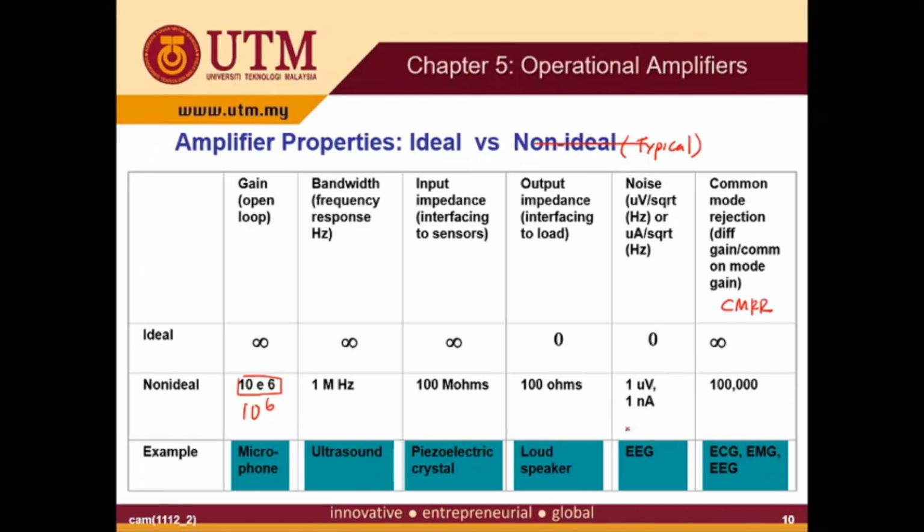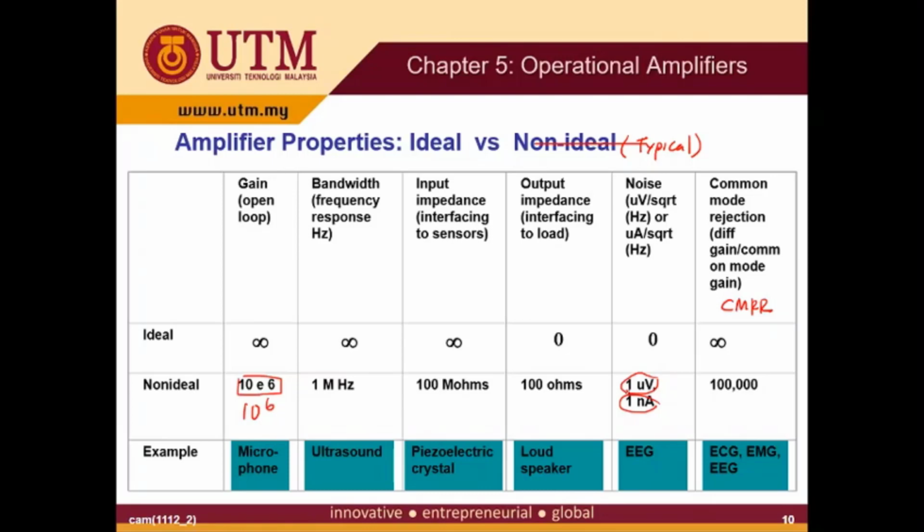Okay, and then another is the noise, the noise in the input or in the output. For the non-ideal case, we have a noise of 1 microvolt. So why is this noise important? Because if your signal is very small, comparable with this 1 microvolt, let's say your input signal is a 1 microvolt sine wave, this noise will overshadow your input.